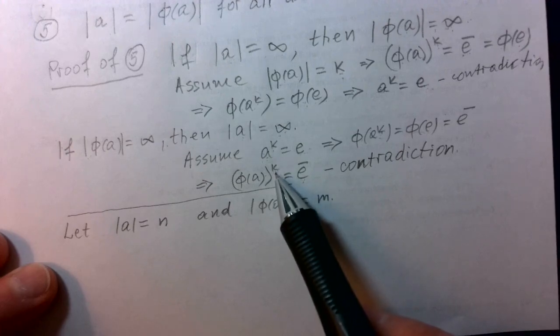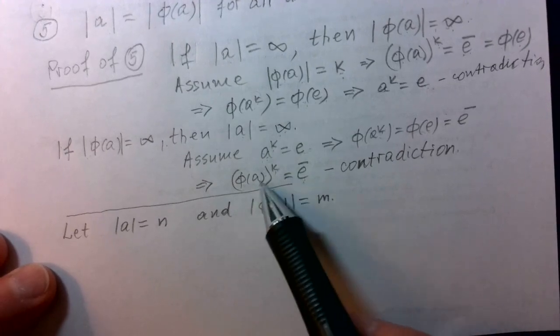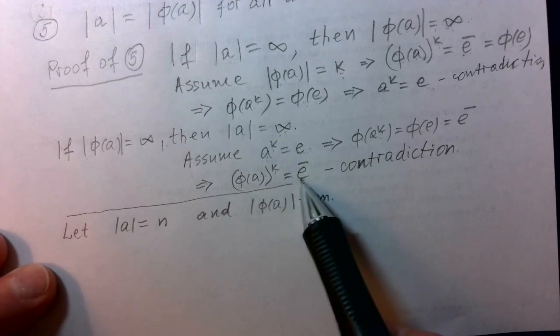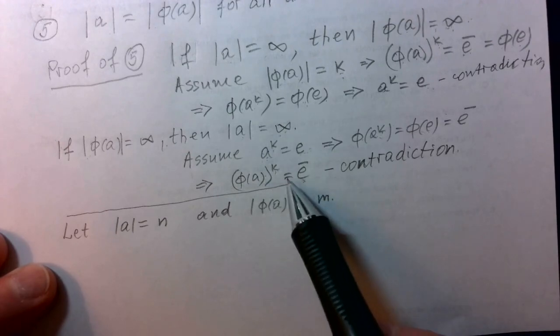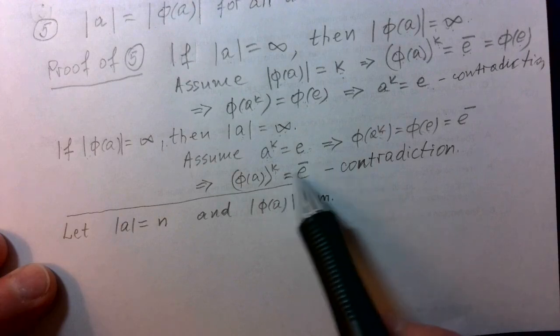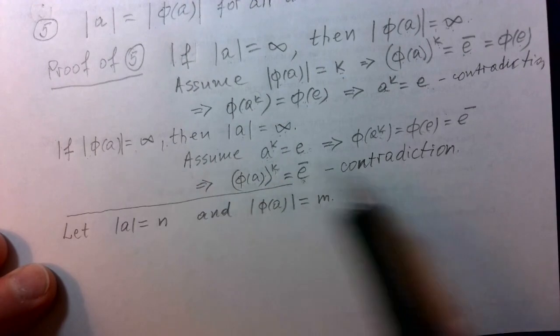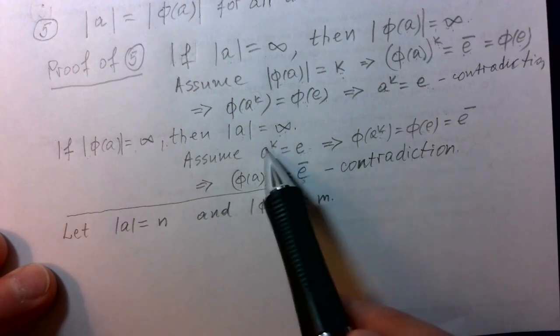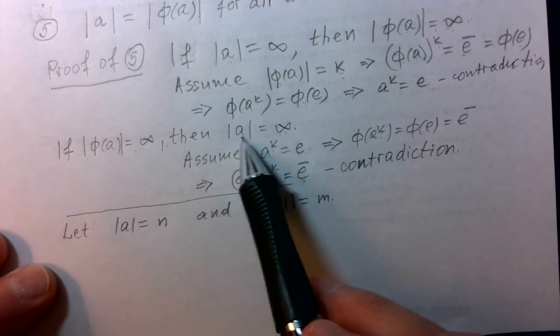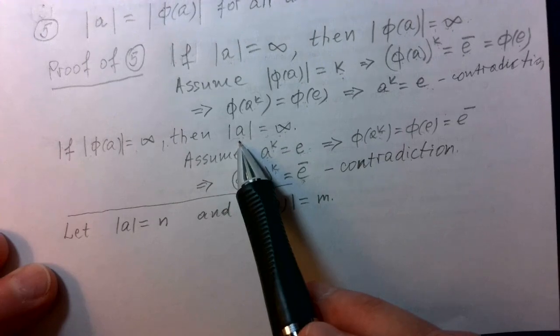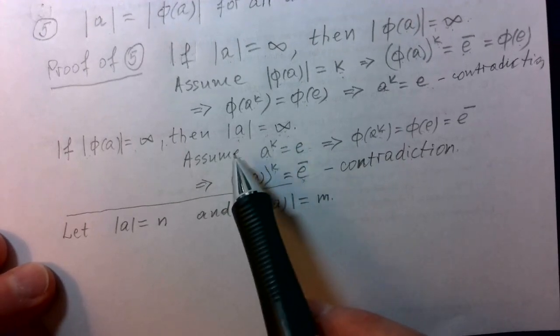There is a positive integer k for which this is true. This cannot happen if the order of phi of a is infinity. So we have a contradiction. So the order of a must be also infinity.